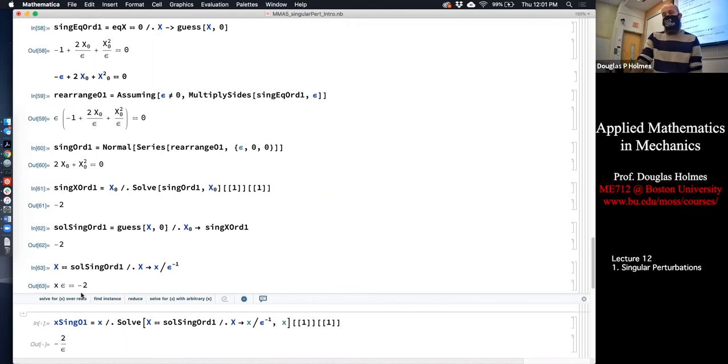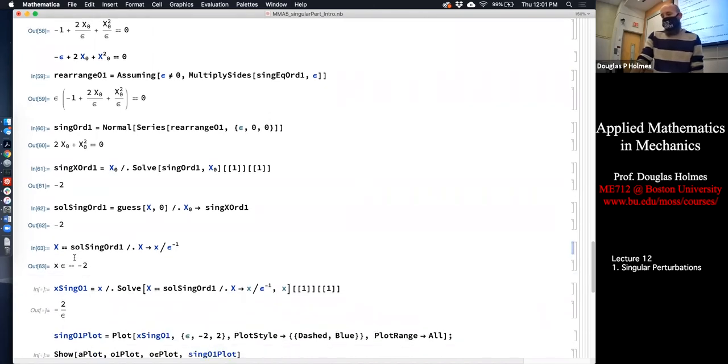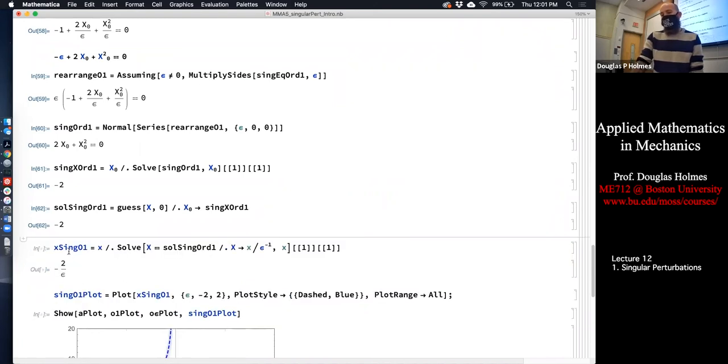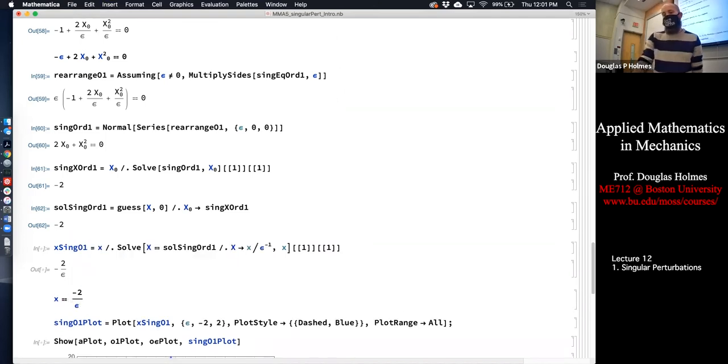You just divide both sides by epsilon. And you get our singular solution, which is that we end up with little x. So you can really read this equation as little x is equal to -2 over epsilon.